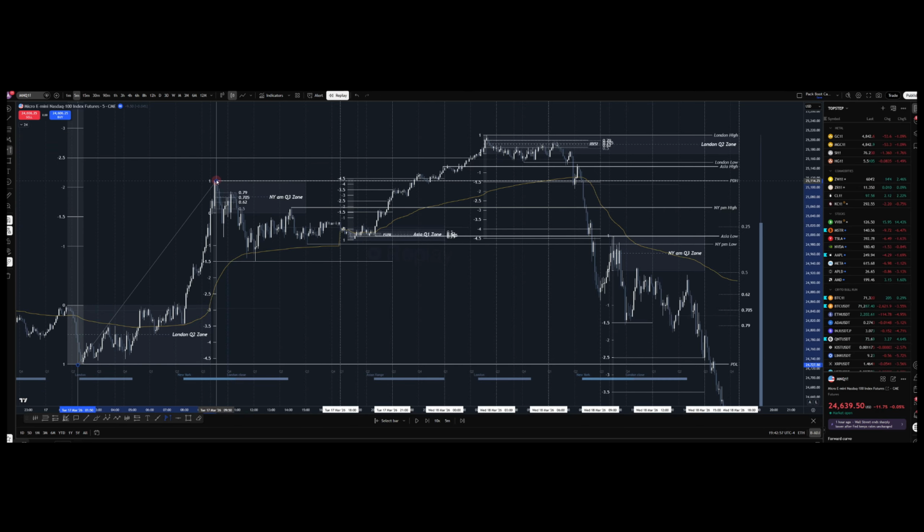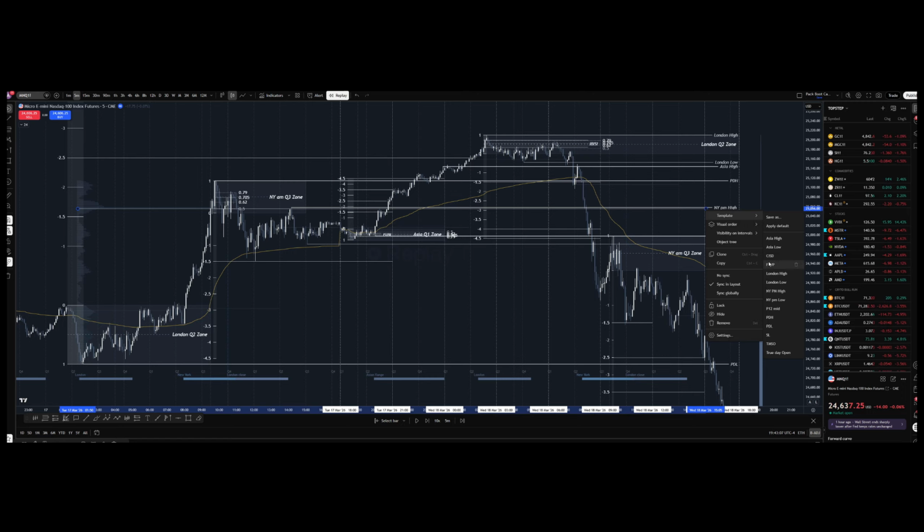From that PDL to PDH of the previous day, we have that main point of control up here, right at that PM high. This actually gave nice confluence for the Asia long, which I was targeting SD2 here in 1.5.